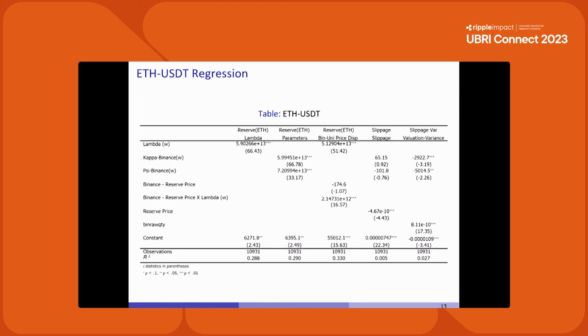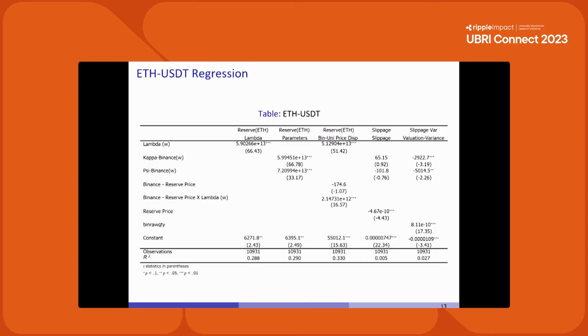Now, going back to our model parameters and the things that we are looking at in this paper are predictions. Our prediction would be that reserves will be posted based on trading cost. Higher the trading cost, more reserves will be posted. So we should expect a positive relationship between reserves and lambda.